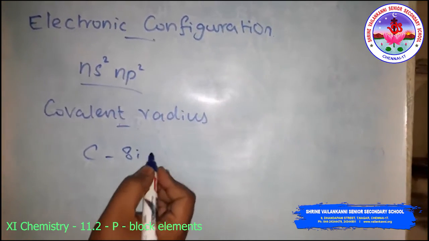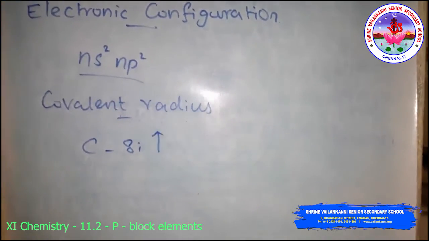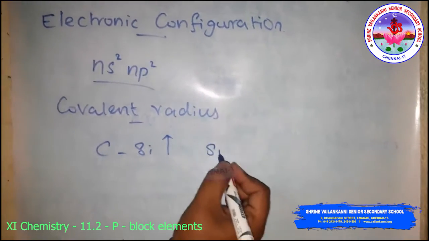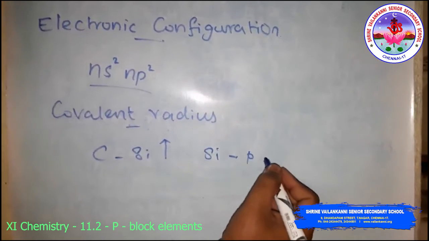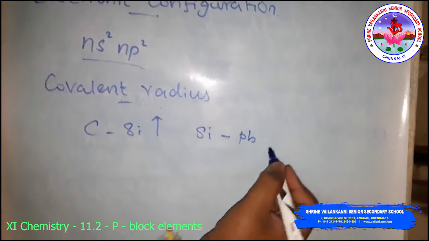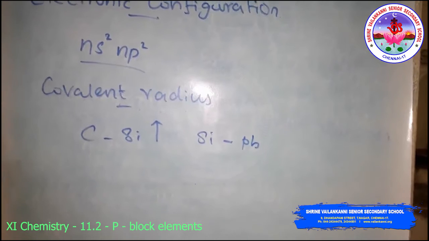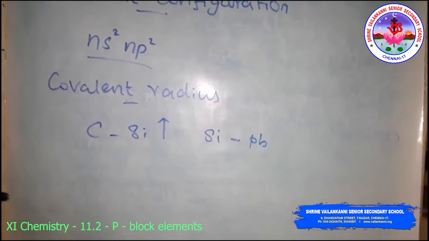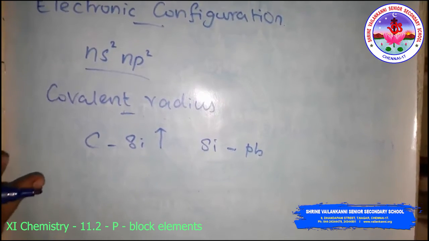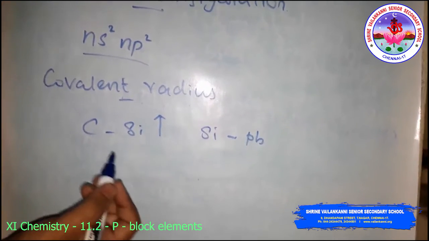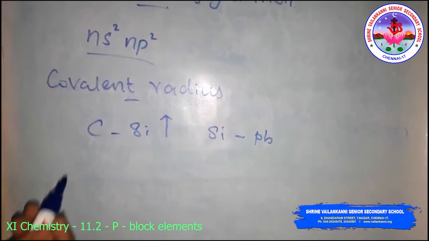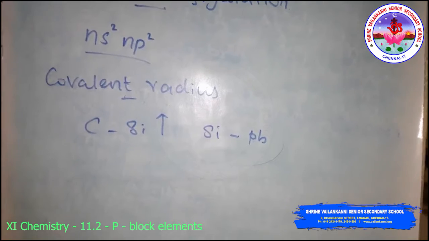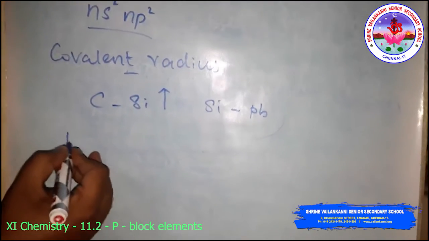Thereafter, from silicon to lead, only a small increase in radius is observed. The reason for this is the presence of completely filled d and f orbitals in the heavier members. Next is ionization enthalpy.